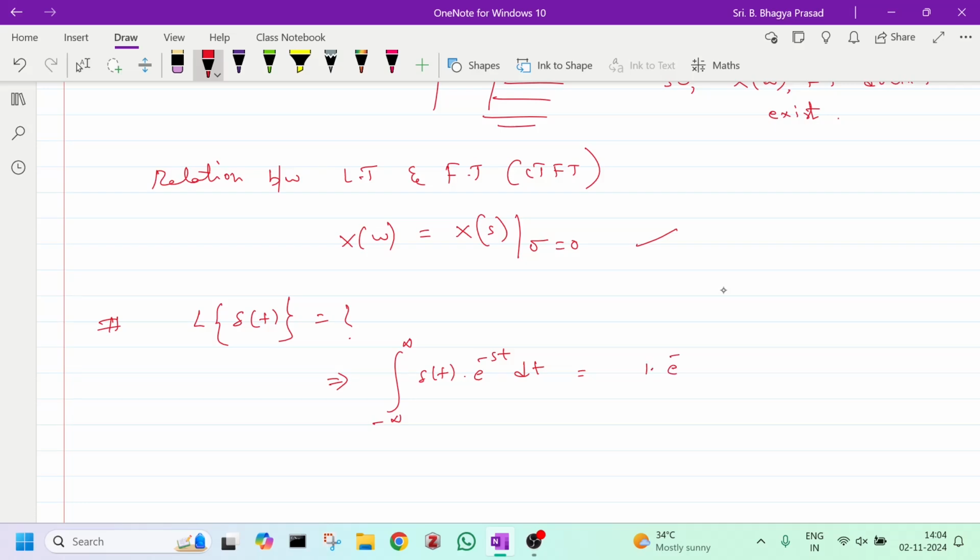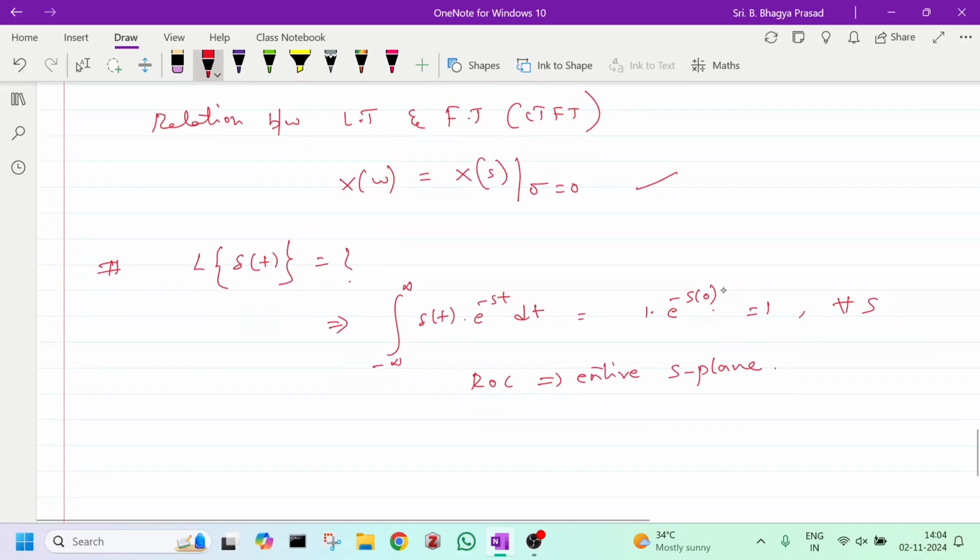So 1 times e power minus s into 0, and this is 1, and this exists for all values of s. That is, ROC is the entire s plane. This is a standard transform pair. That is, the Laplace transform of delta t is 1, and the ROC is the entire s plane.